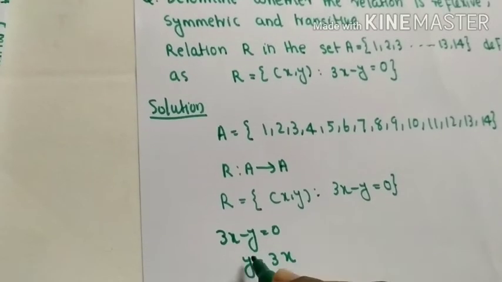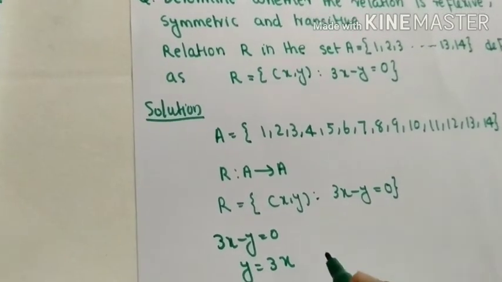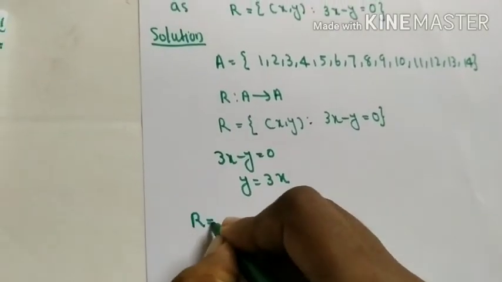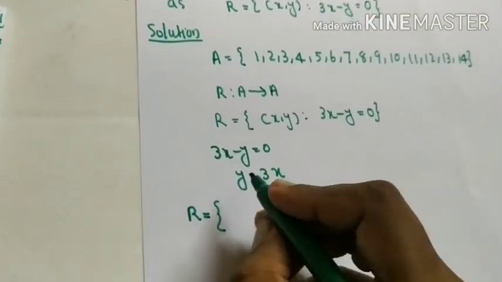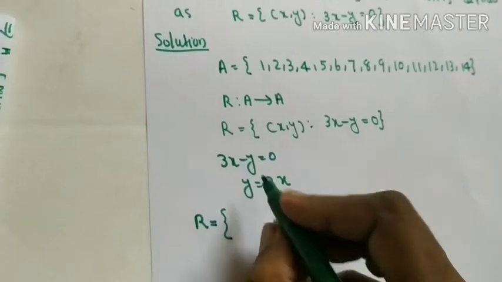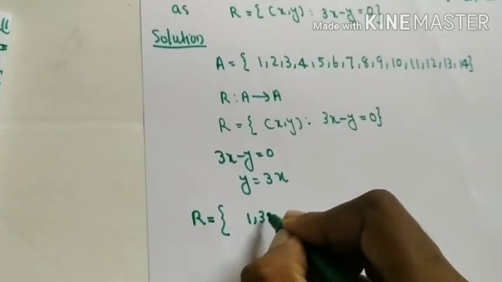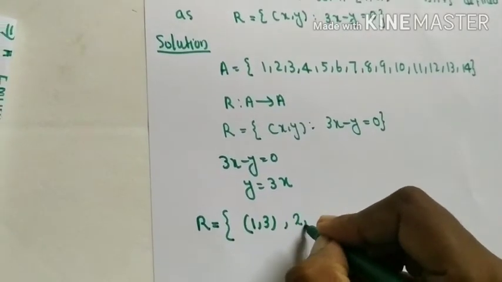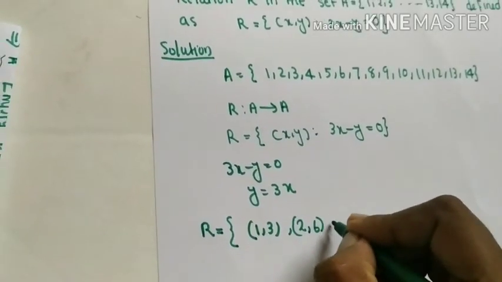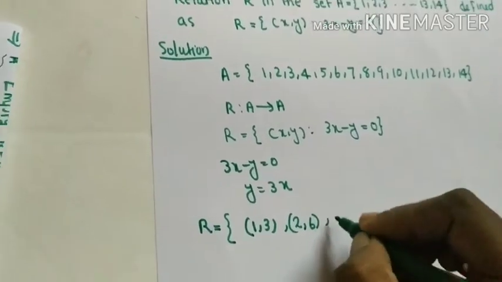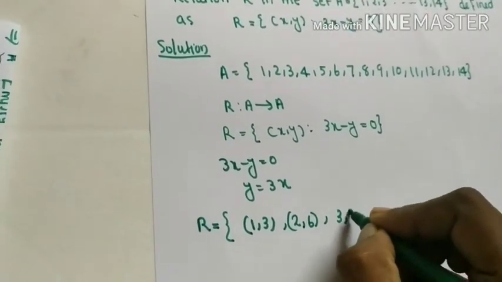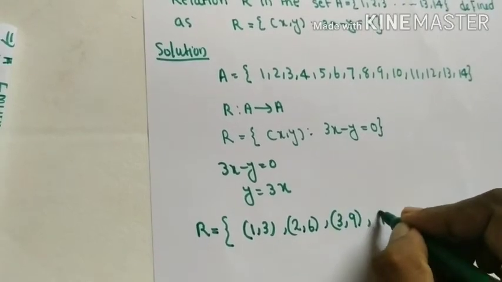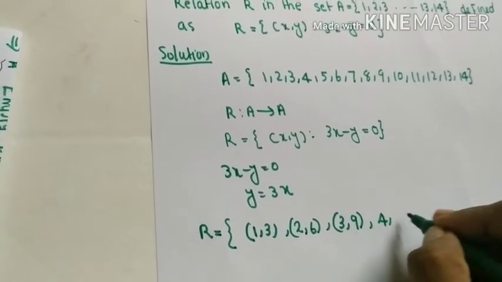So our relation will be: if x equals 1, y equals 3; if x equals 2, y equals 6; if x equals 3, y will be 9; and if x equals 4, y will be 12.